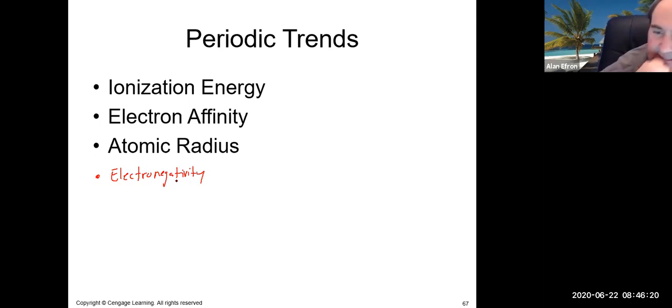So we're talking about ionization energy, electron affinity, the atomic radius, and electronegativity. And we're going to see with all these trends why we see certain things occur with metals and certain things occur with perhaps non-metals in terms of gaining or losing electrons. So let's talk about each of these here.